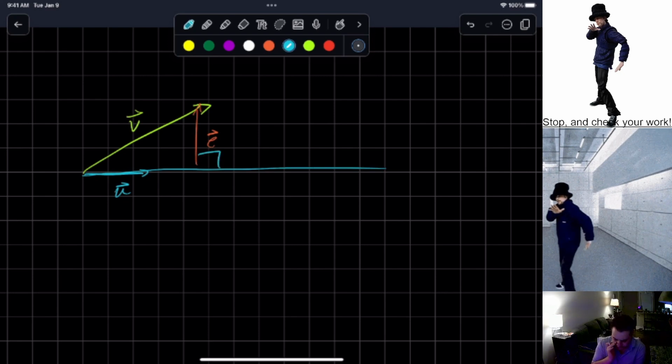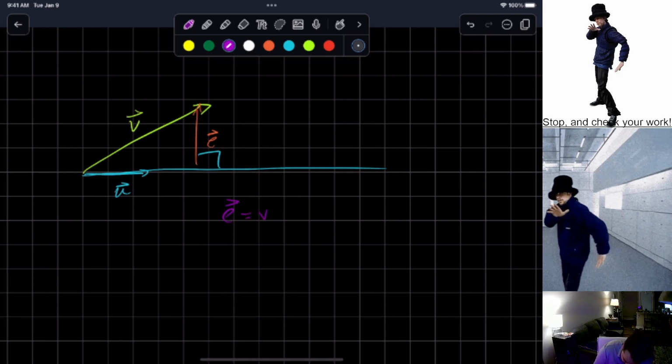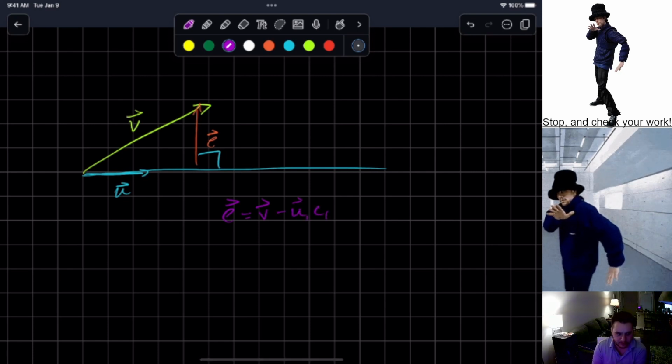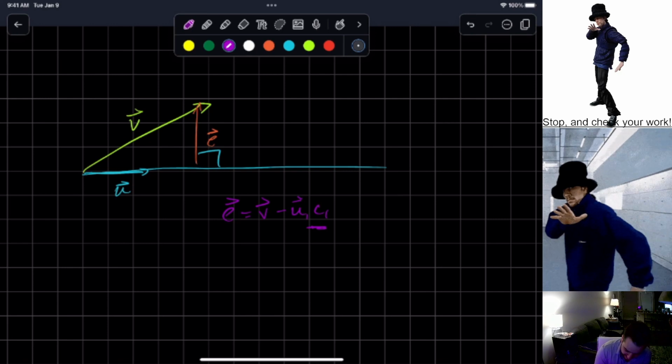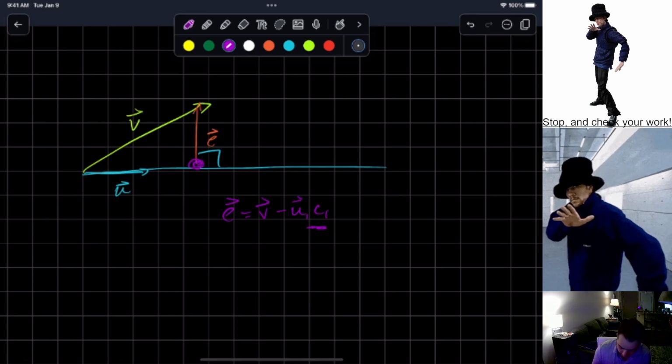degrees. So if we write this out, we can say that E is equal to V minus C1 u, not slightly equal. Now you might be wondering to yourself, oh man, what's this C1 value? This is how many u vectors it takes to get to this point right there.